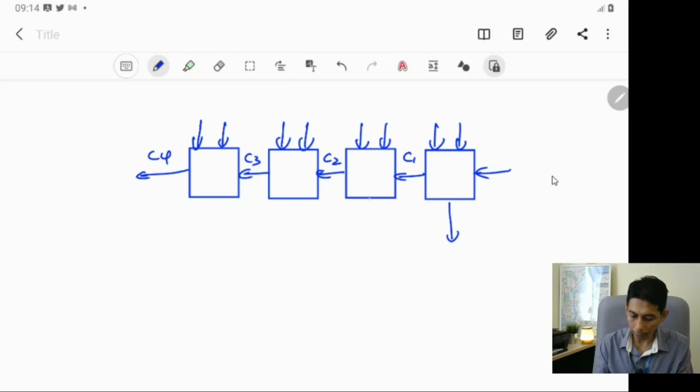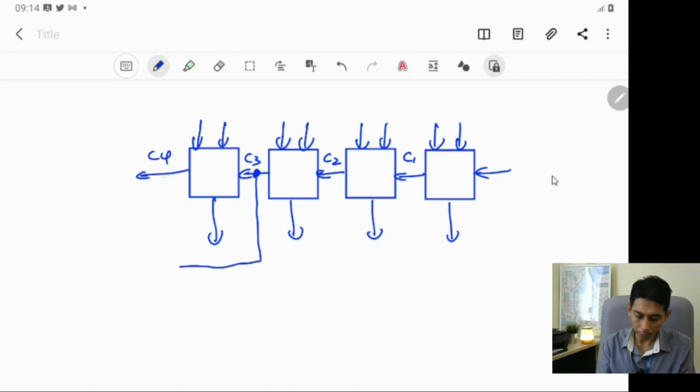And this is S, your sum. Alright. So in order to detect whether the arithmetic operation produces overflow or not, simply connect this C3 to this C4 using an XOR gate.